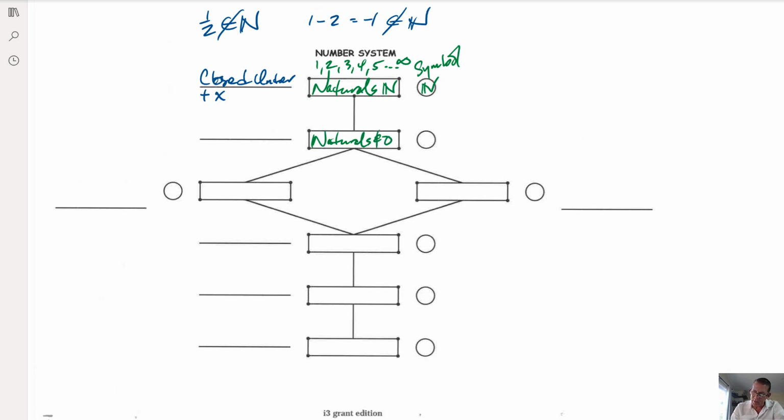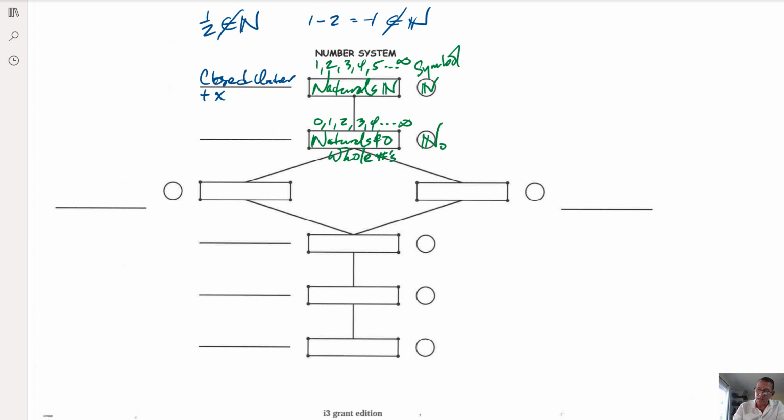We're going to use the capital N with a little subscript 0. In grade school, that was called the set of whole numbers. Whole numbers start at 0, not 1. So 0, 1, 2, 3, 4, etc., all the way to infinity. We say it's the natural numbers with 0 included.